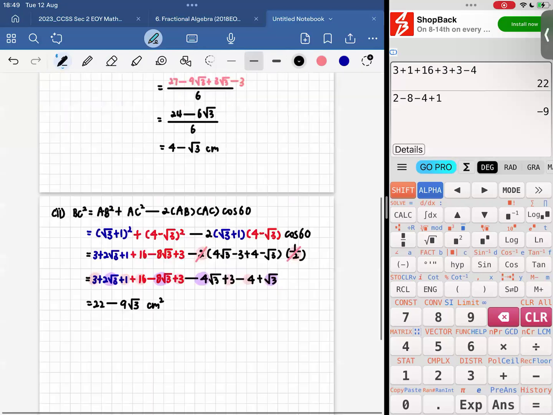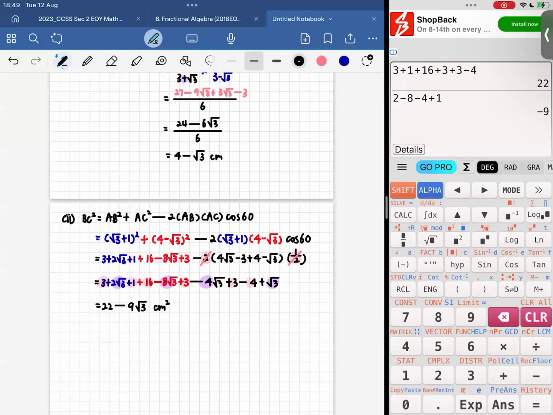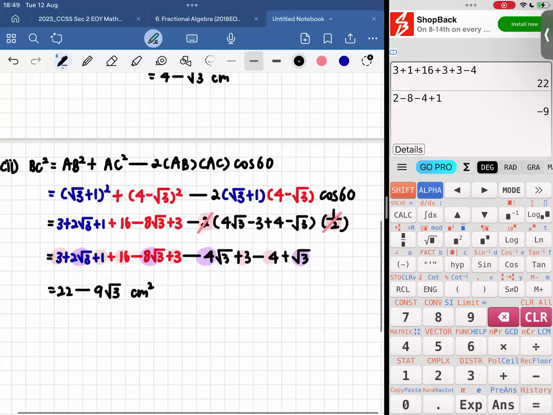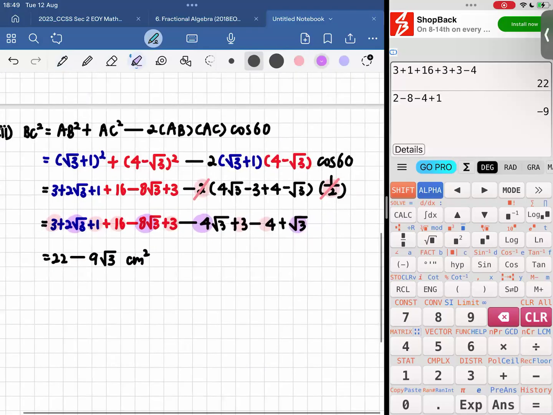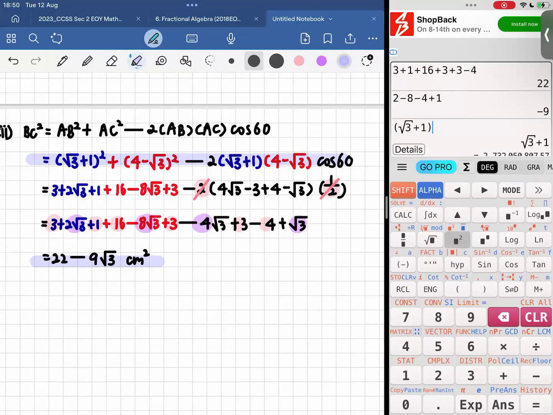Okay, same thing, we can check. You just want to make sure that whatever you have in this particular line is the same in this one. So you just go and press in the calculator. It should give you the same thing. Shall I do it? So root 3 plus 1 squared. When you press, press slowly.